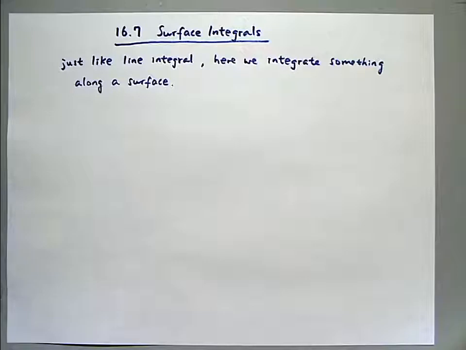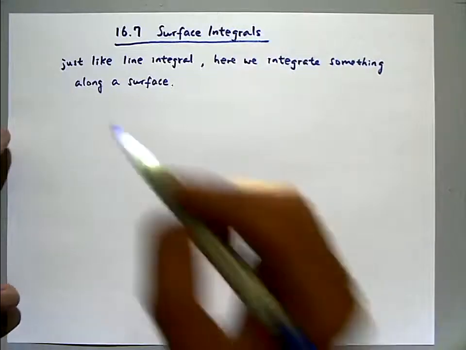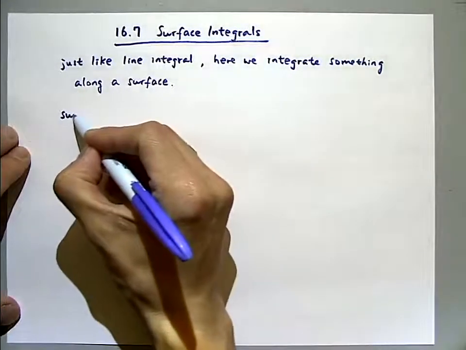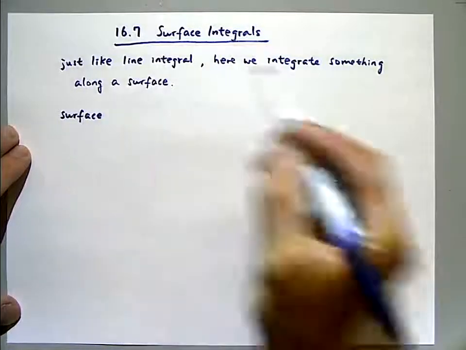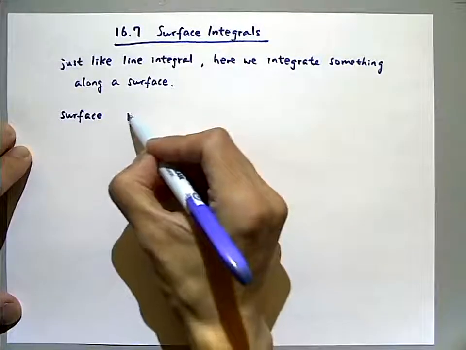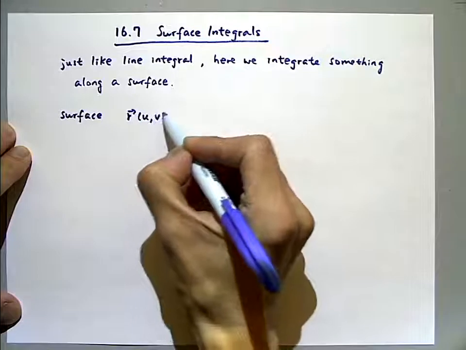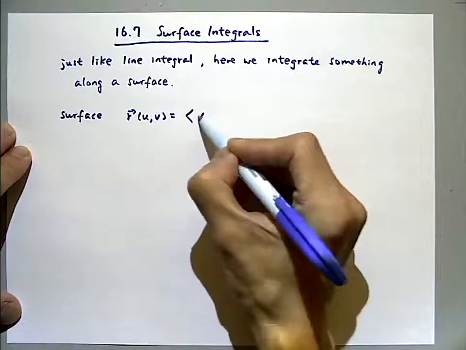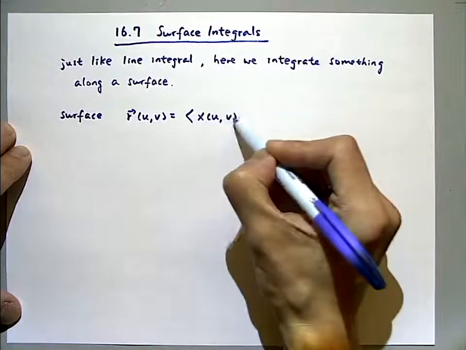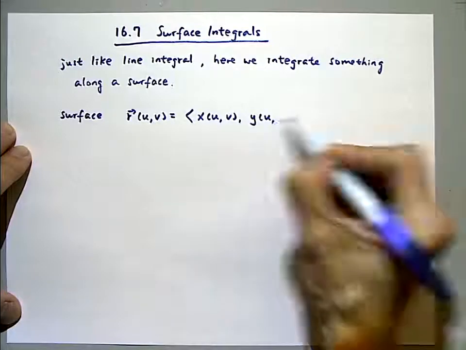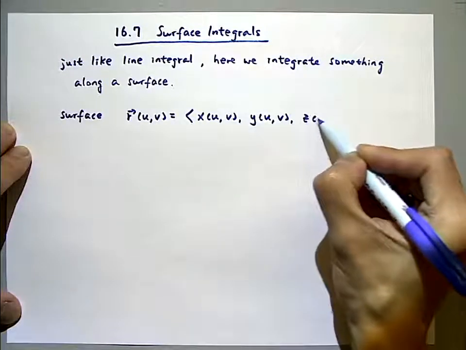Okay, so let's take a step back to what we did yesterday. Suppose we have a parametrized surface, R of u, v is x of u, v, y of u, v, and then z of u, v.